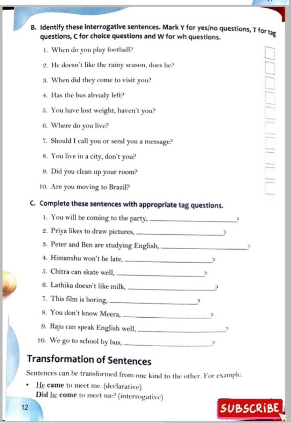Mark D for declarative, I for interrogative, Im for imperative, and E for exclamatory sentences. How many students can form a society? It's an interrogative sentence. The news came as a complete surprise. Declarative sentence. When did they come to a decision? Interrogative sentence.